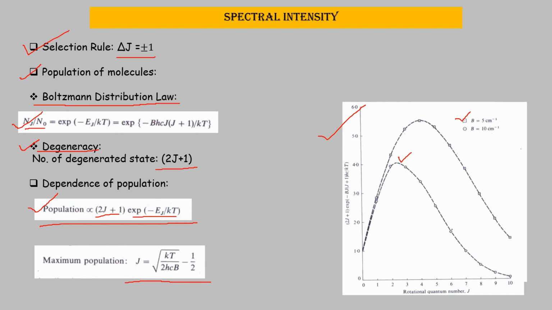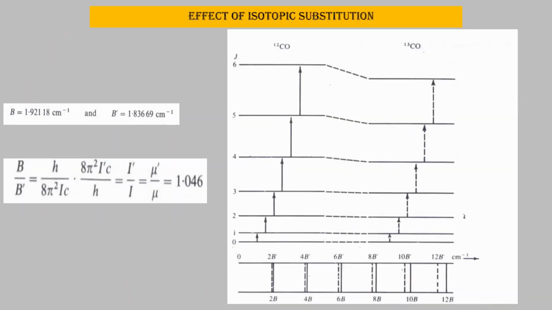The population density will vary when the value of B changes. As we know, the rotational constant B is inversely proportional to the moment of inertia, which is nothing but mu r square. Thus we can say that rotational spectroscopy can vary with isotopic substitution in the molecule, as the reduced mass changes on substitution and not the bond length.